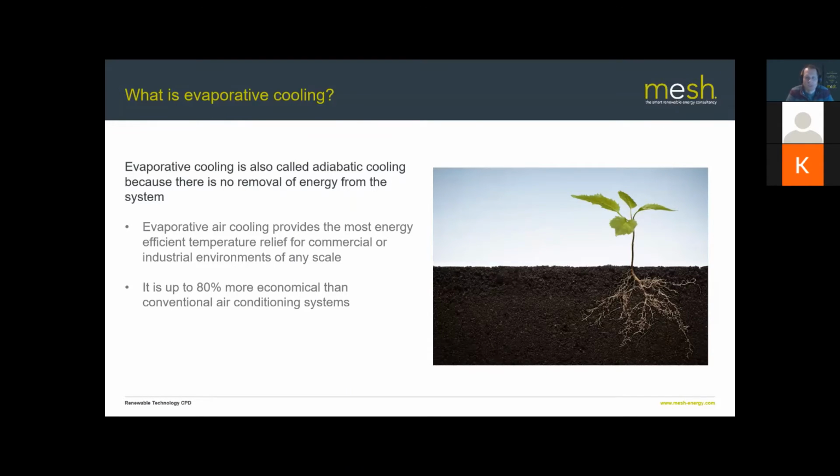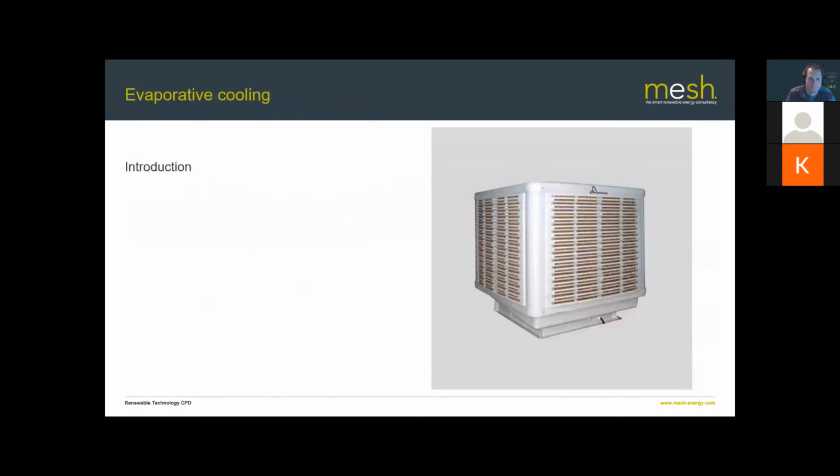The headline is that it can be 80% cheaper to run an evaporative cooling system than an equivalent air conditioning system. But it should be noted, of course, that you won't get quite the same performance, and that's something we'll look at further on as well.